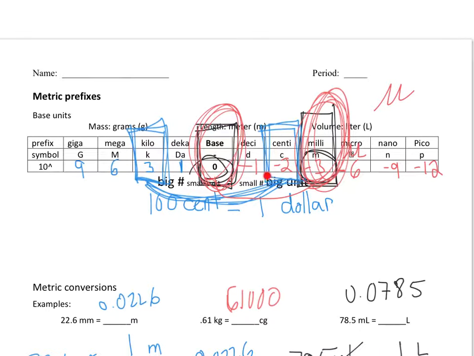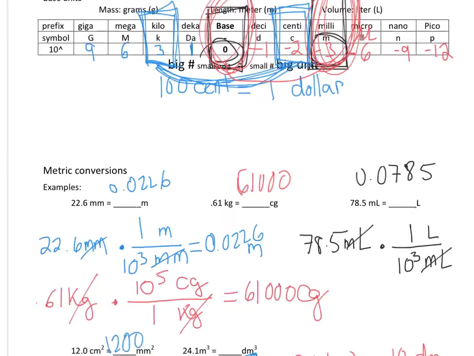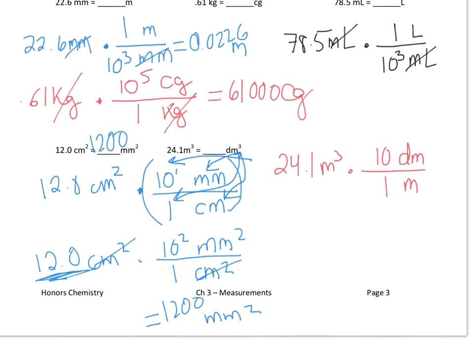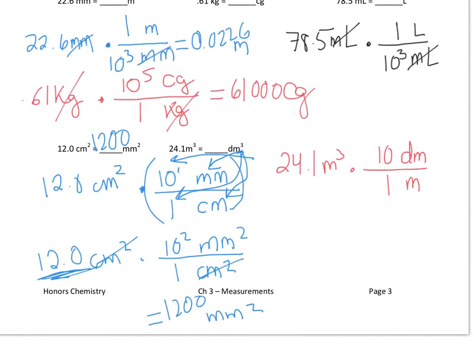So 0 and -1, so the difference between them is just 1. So back to my problem here, that would just be 1 right here, or you can leave it blank if you want. It's up to you. You can put a 1 or you can just leave it as just 10 to no power. All right, now that's the relationship between a decimeter and a meter.